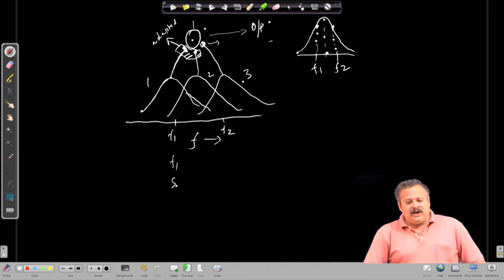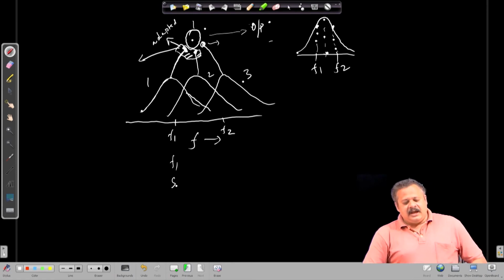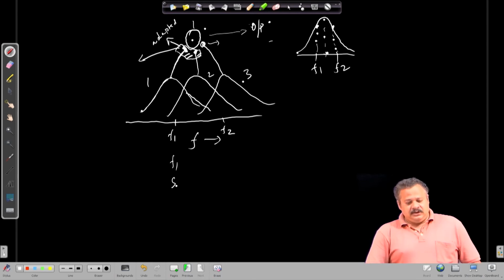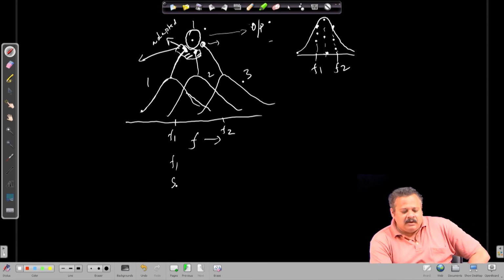And so, when F1 occurs as a deviant, this particular synapse is unadapted, and whenever F1 occurs, this unadapted synapse allows a strong input going into the output neuron, causing a strong response to F1 as the deviant.